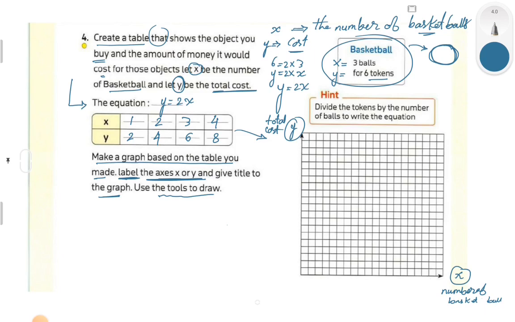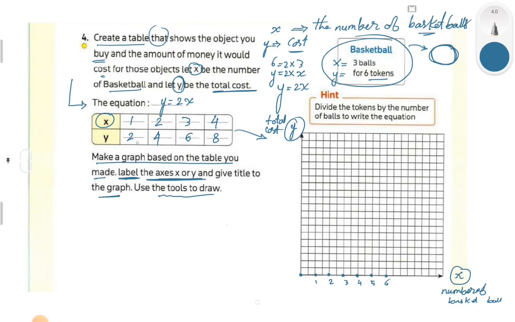Now write numbers. For x, I need 1 2 3 4. Here we have 0, and here we have 1 2 3 and 4, maybe 5 or 6. So 0 1 2 3 4 5 6.